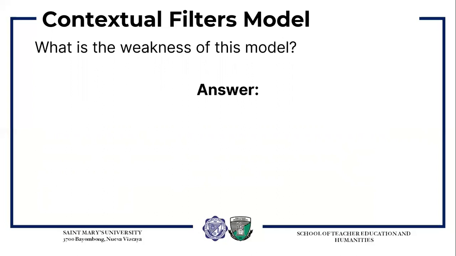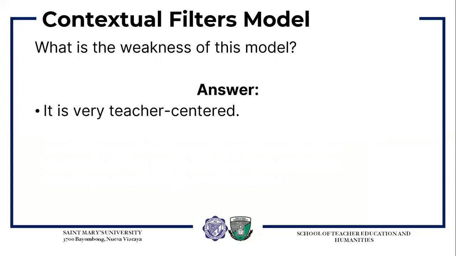But there are things here that are still observed in elementary and high school level, like the influence of the teachers on the academic views or on the purposes of education. So going back, what is the weakness of this model? There is only one important weakness that we need to look into about this model.